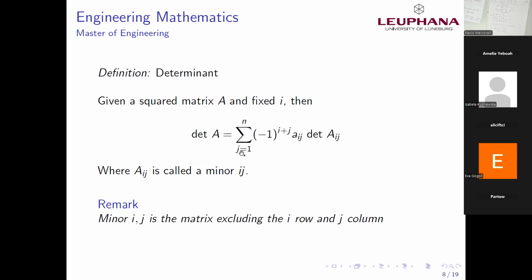This means it is an operator which associates a scalar to a matrix. I have a matrix 1, 2, 3, 4, and I associate, in accordance with the definition, a scalar value. If the elements of the matrix are real, the determinant is real.